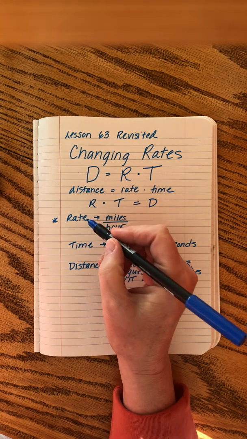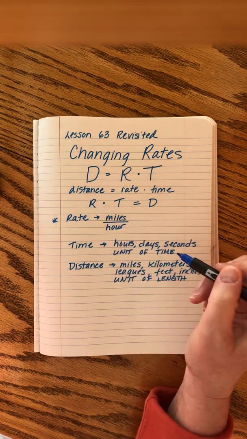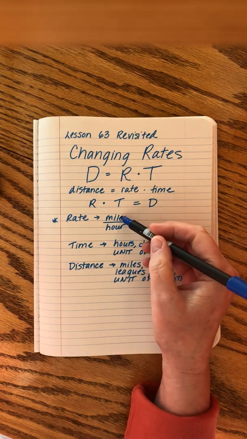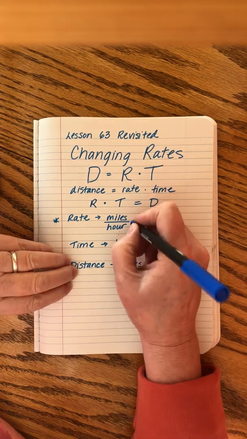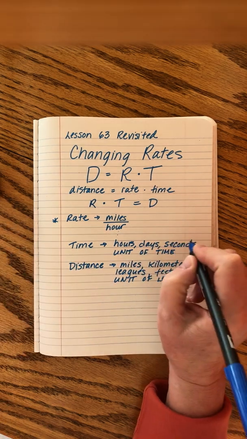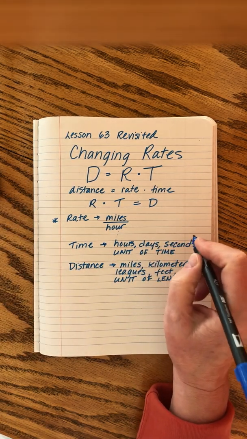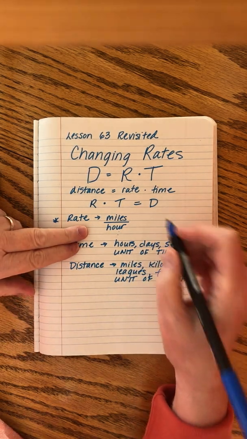The rate is the one that we're usually paying attention to the most because it combines the two, right? It's a distance over a time. This is the most common one because everybody knows miles per hour because that's how our cars measure their rate of speed.